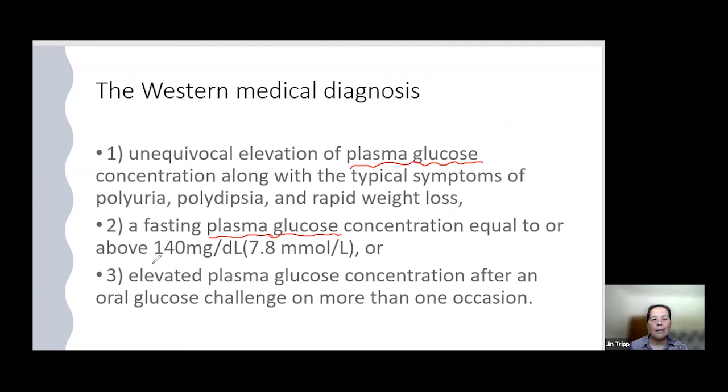Our normal number is around 120. We have a small different range here. If it's over 140, then they make a diagnosis. Or maybe 7.8 or more, then they make a diagnosis. So that's a pretty clear diagnosis if the patient's plasma glucose level is increased.